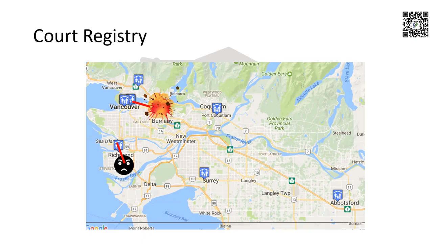If the accident happened in Burnaby and is nearest to the Vancouver registry, then I can file my claim in the Vancouver registry. If the troublemaker, the defendant, resides in the city of Richmond, and assuming there's a registry nearest to Richmond, then we can also file the claim in the Richmond registry. So that's the territorial limitation. It depends on where the claim arose or where the defendant resides.